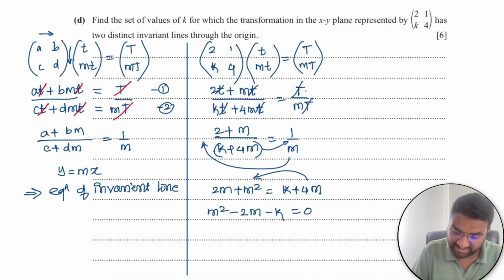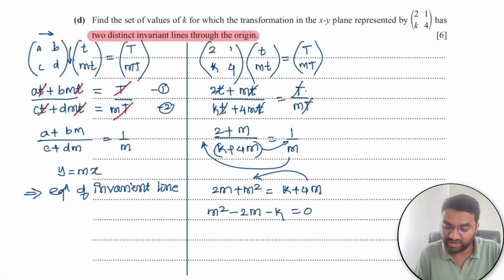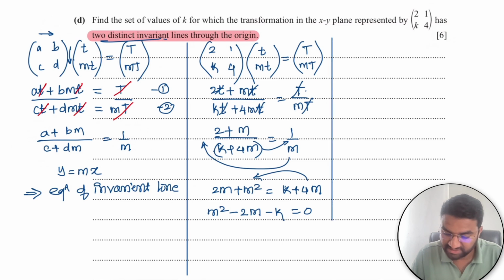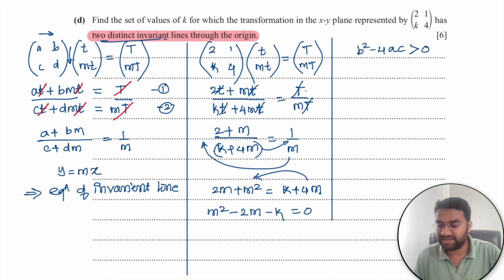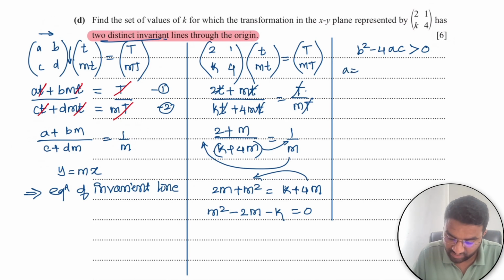And they are saying, if you read it properly, two distinct invariant lines through the origin. Two distinct lines means b square minus 4ac is greater than 0, isn't it? So we have to take b square minus 4ac greater than 0, and solve it. Here a is equal to 1, b is equal to minus 2, and c is equal to minus k.